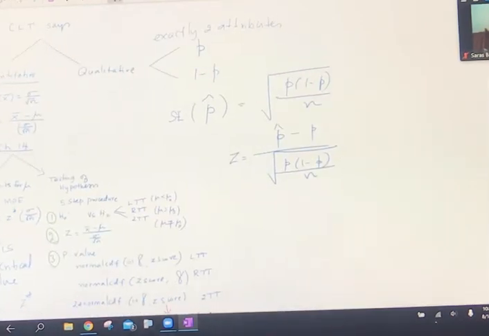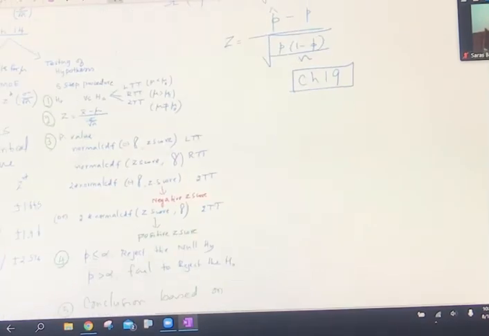So now this is where I'm going to be introducing chapter 19. Again, in chapter 19, you are going to be having 2 components. One is the confidence limits for P. Like your confidence interval for mu, we are going to be finding the confidence limits for P, which is the population proportion.